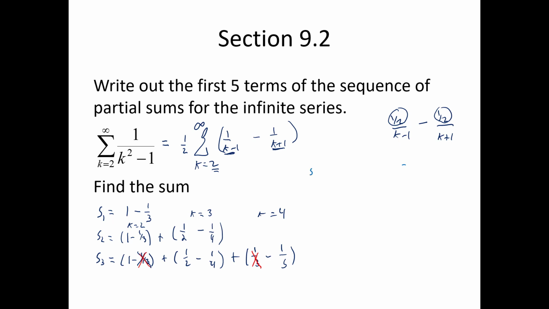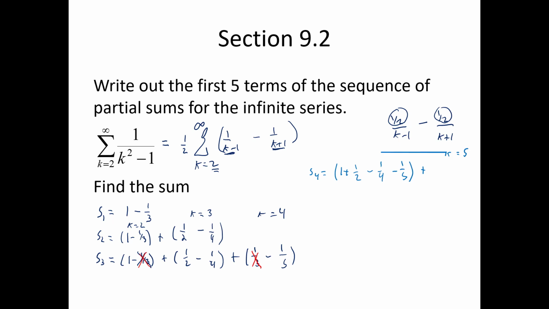And so S4, what's left is 1 plus 1/2 minus 1/4 minus 1/5. And then you're going to substitute in what you get when k equals 5.